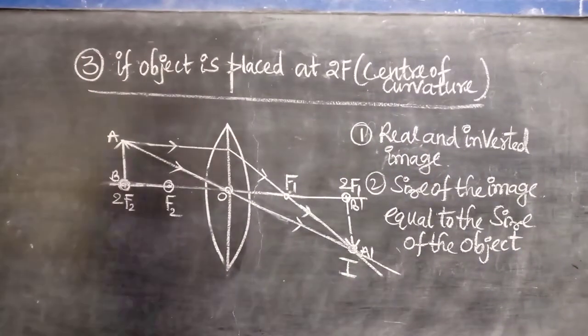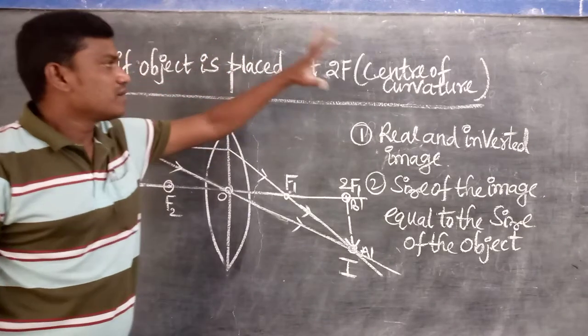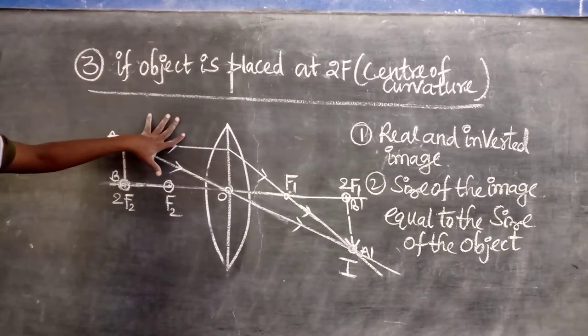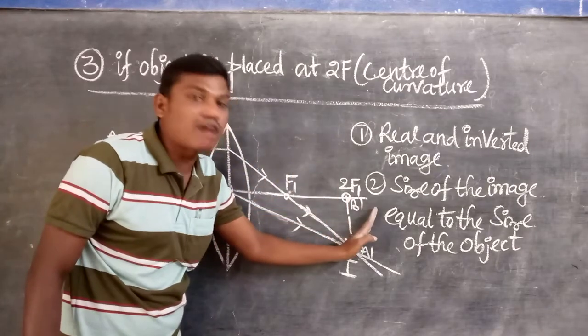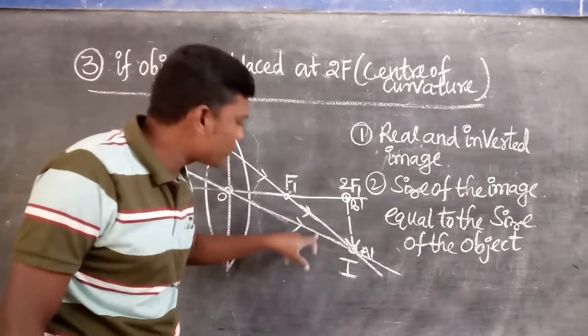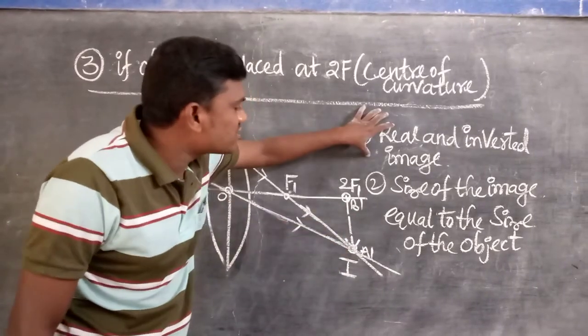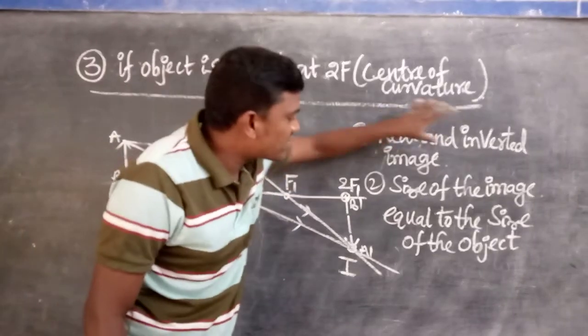So here, if the object is placed at 2f, meaning at the center of curvature, what will happen? The image will be formed on the other side of the object. Here the rays really meet after the refraction. That is why the nature of the image formed on the other side is real and inverted image.